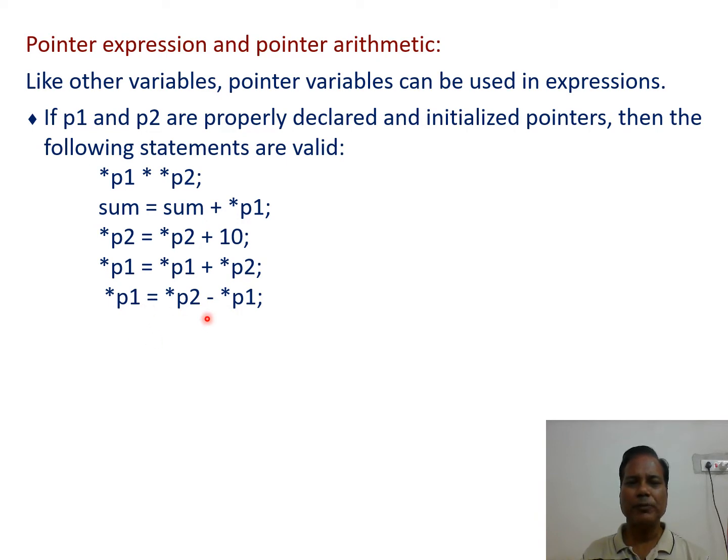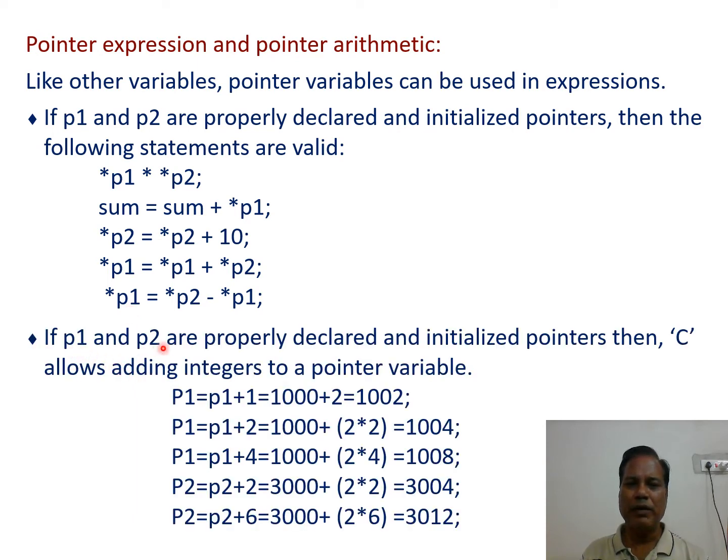In a similar way, for the data pointed to by P2 minus the data pointed to by P1, this data is subtracted and the result is stored in the memory location pointed to by the pointer variable P1.